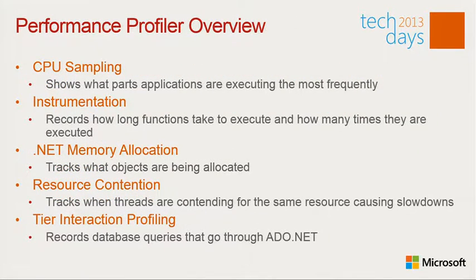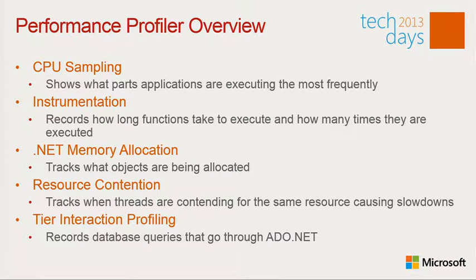Okay. Finally, the next tool that I want to talk about is the performance profiler. The performance profiler essentially has 5 modes. It has CPU sampling, and what CPU sampling does is it shows what parts of the application are executing the most frequently.